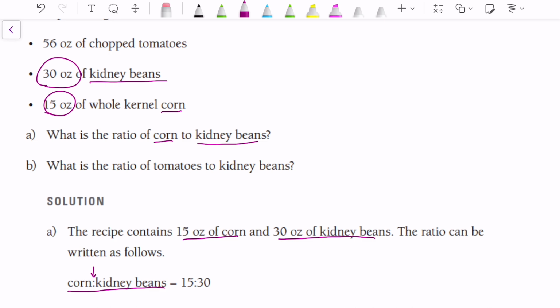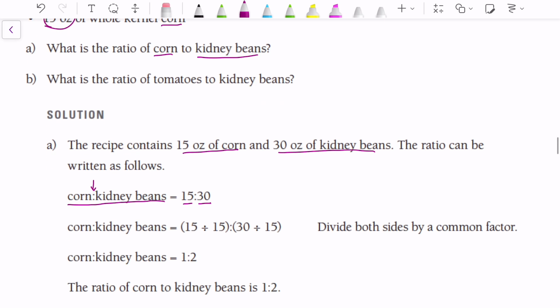Corn was 15, so it goes first, and then 30 is second. 15 and 30 are both divisible by 5 and 3. We are going to reduce this by 15 on both sides. It's really important that this gets reduced, so make sure you don't forget to do that.